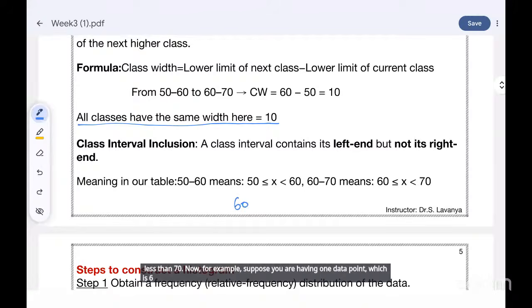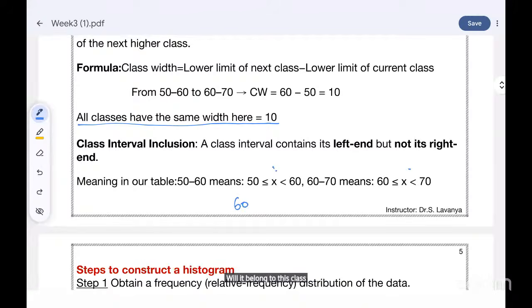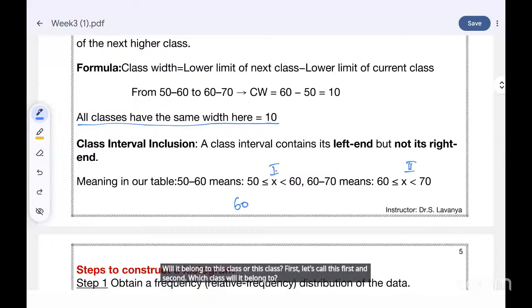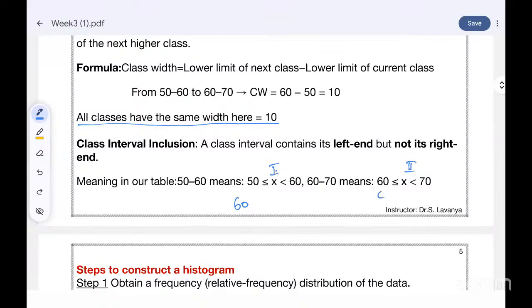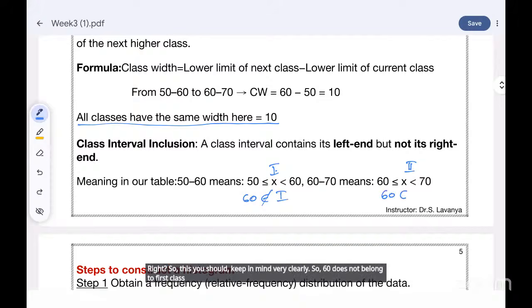Will it belong to the first class or the second class? The data 60 belongs to the second class. So 60 does not belong to the first class and 60 belongs to the second class. Keep this in mind very clearly.